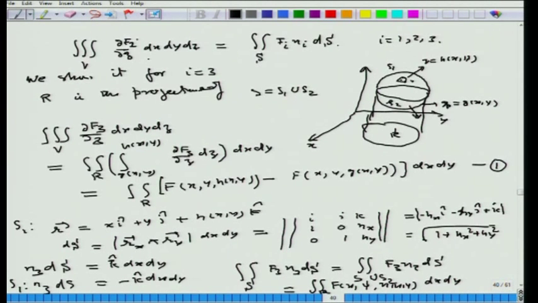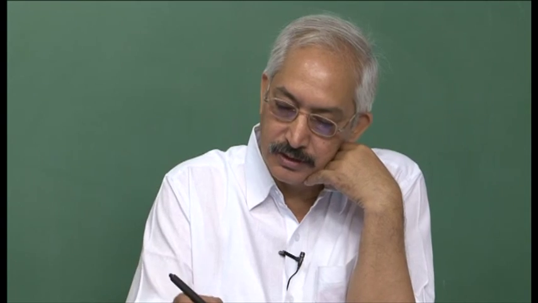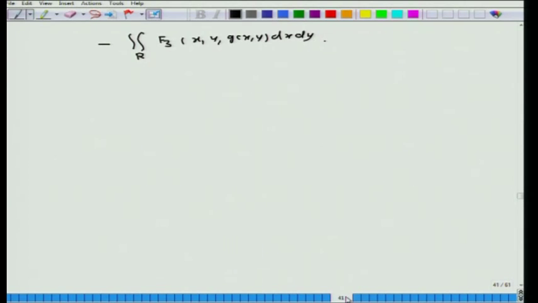Similarly, we can do it for the other components, and by adding all the terms we get the divergence theorem. Now, in component form it can be written like this, as you have seen already.